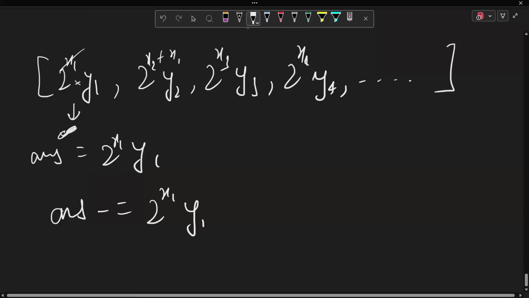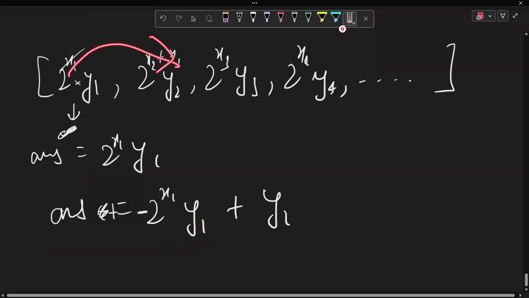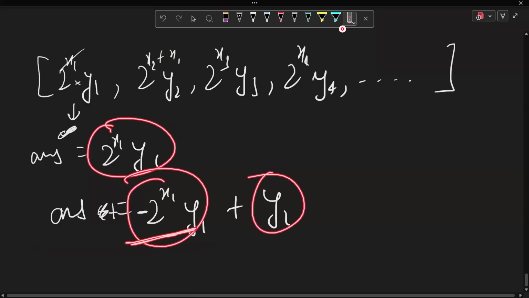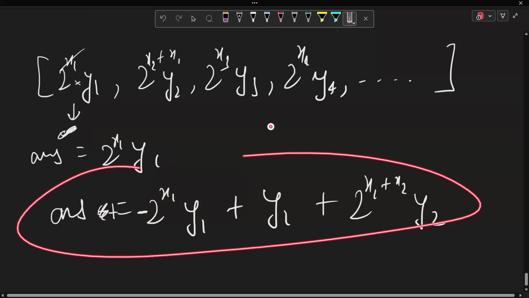This is not there, but only y1 is there. So basically what you are doing is subtract this value and add this value. Before you had this in your answer, so you subtracted that and added y1. Now you only have y1 there, and you add this to your answer also: 2 to the power x1 plus x2 times y2. This way you can update your answer.